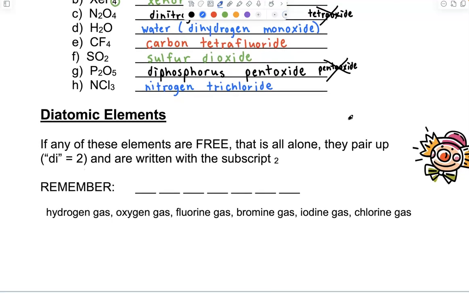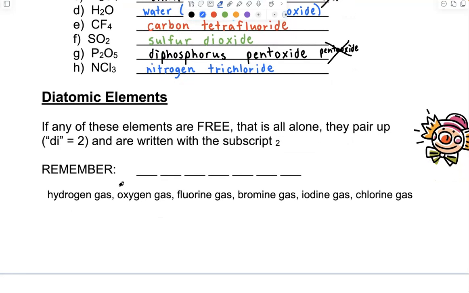So the last component of this lesson is something that is called the diatomic elements. So if any of these elements listed below are free, that is that they're alone, they pair up and they're written with a subscript of 2. Okay, so diatomic, they exist as 2 together. So the acronym to remember this is called Hofbrinkel.